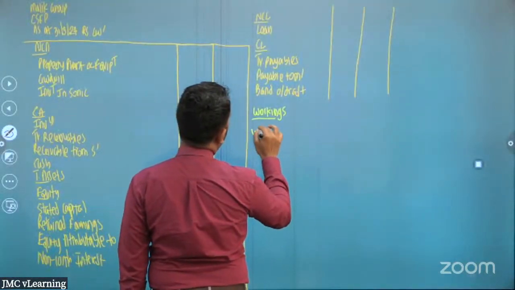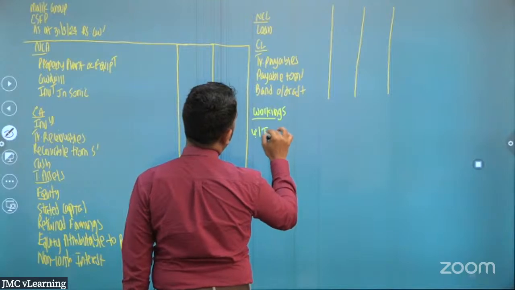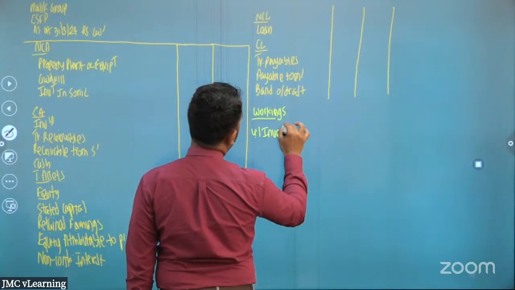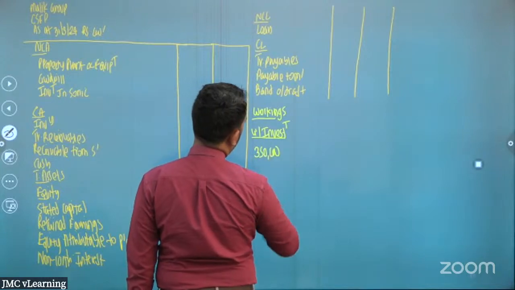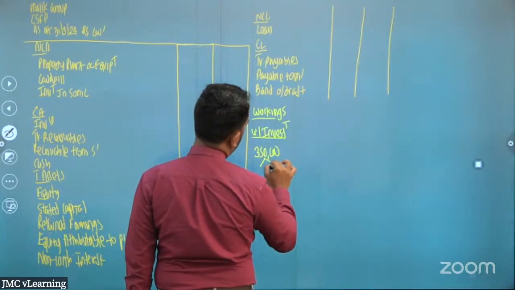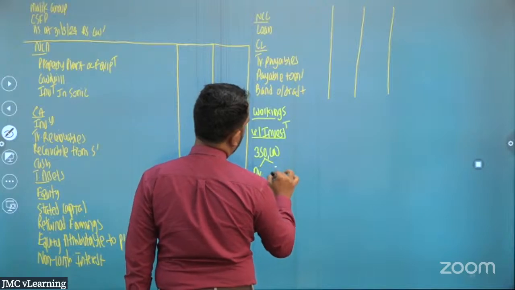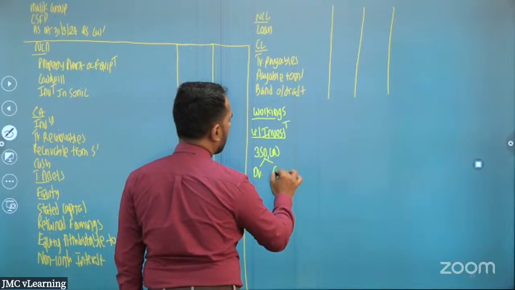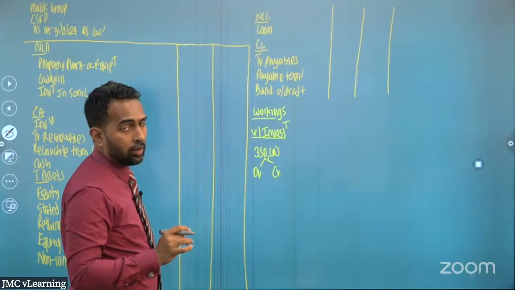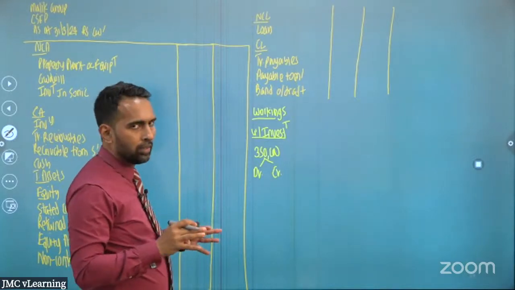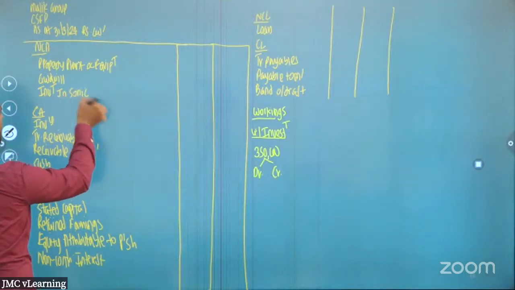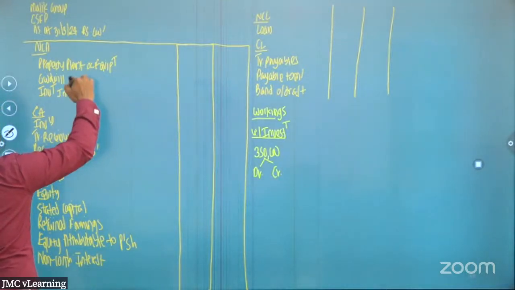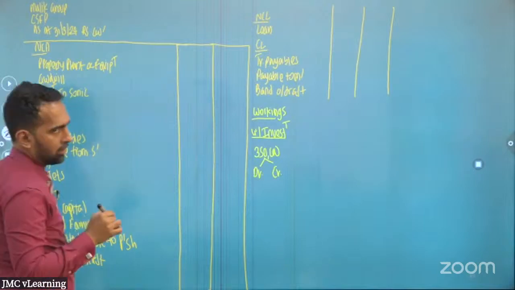So working number one is investment. How much is the investment? 350,000. What is the double entry? Debit and credit for the investment. Right now 350 is under the investment in Sonic. I'm going to remove it from here and recognize it under goodwill.